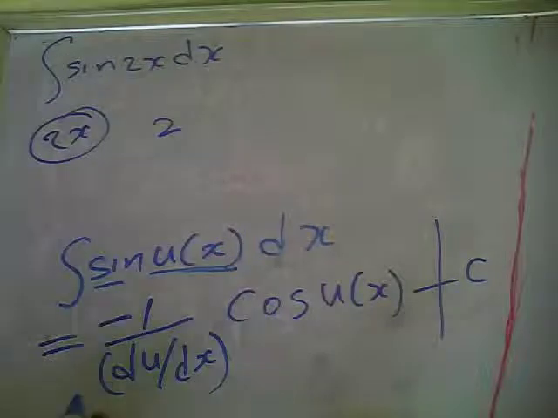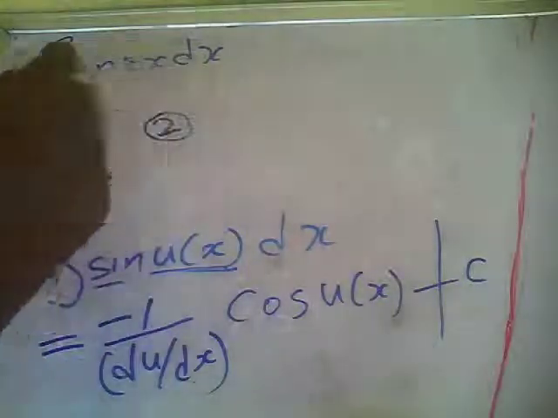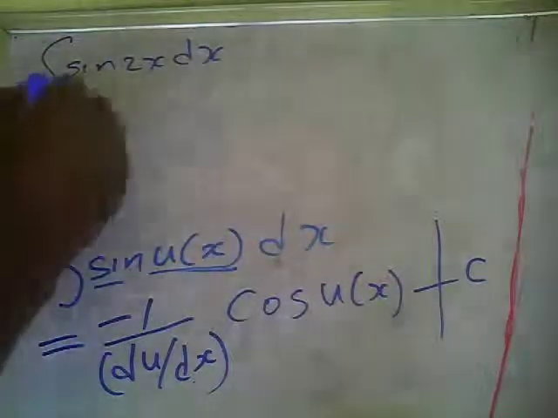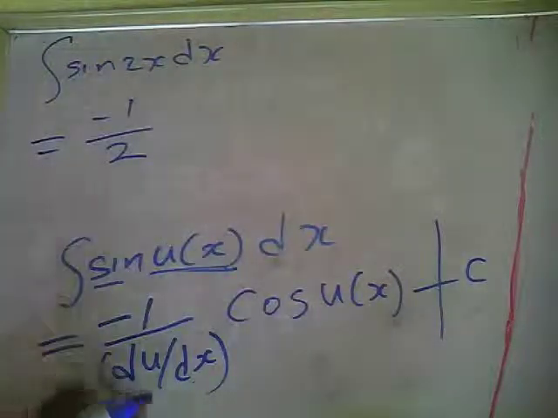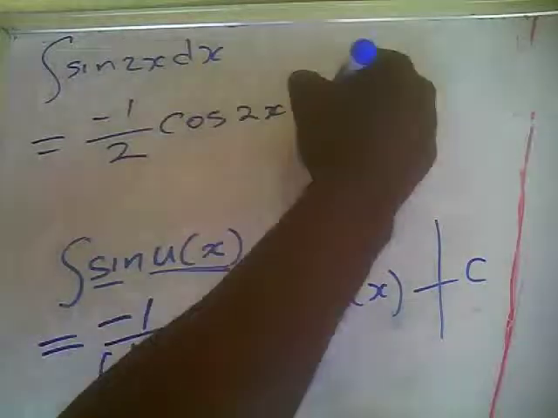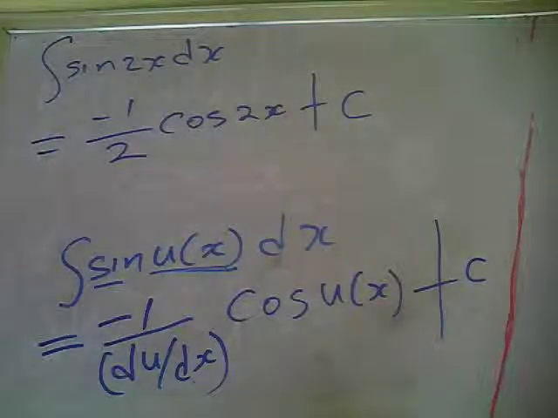So, if you want to compare it to this formula, that means our du dx is 2. Now, the answer is going to be minus 1 over 2, that's minus 1 over du dx, then cos 2x plus c. Alright, so that is the integration of sine 2x.